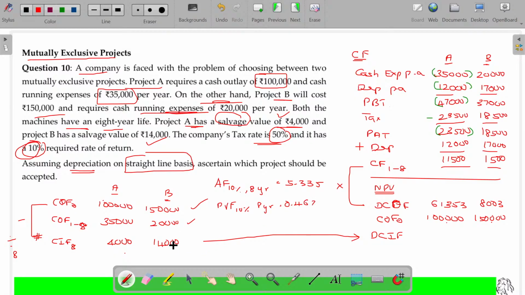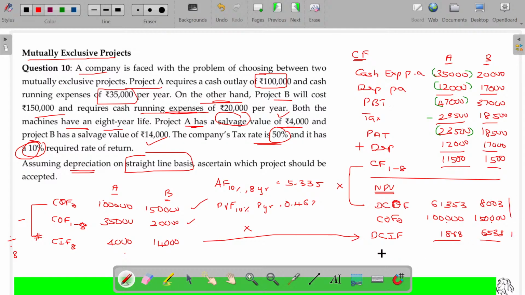So you have to multiply this with the PV factor to get the discounted cash inflow by selling the scraps. 4,000 into 0.467, this value being 1868. Next one, similarly 14,000 into 0.467, this value being 6538. This is revenue. These two are the outflow. This is the inflow.